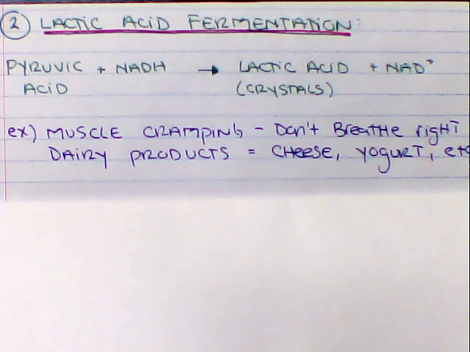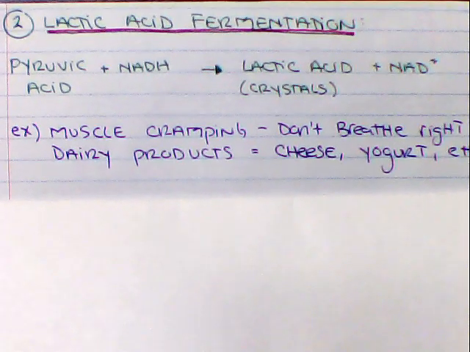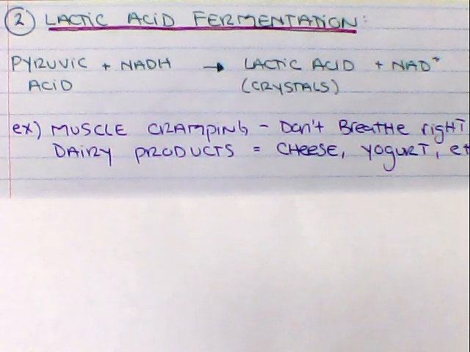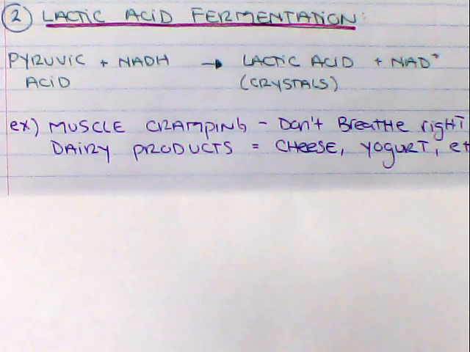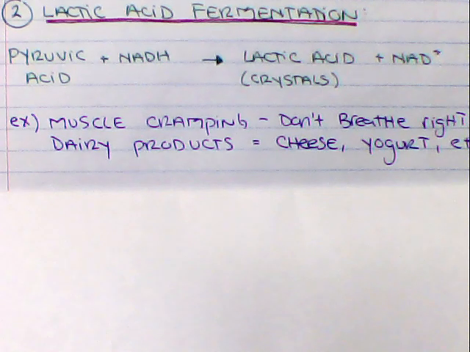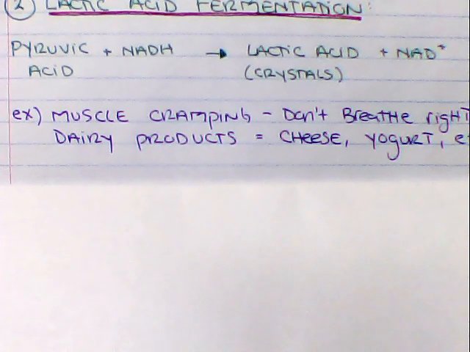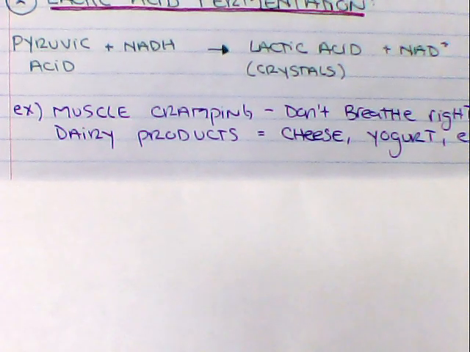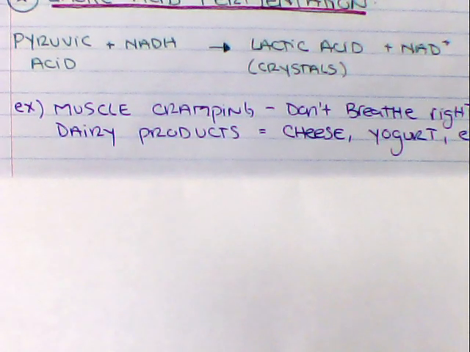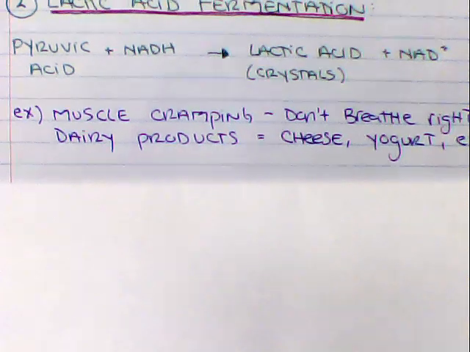The next type of fermentation is known as lactic acid fermentation. This is when our pyruvic acid will get ripped apart and form lactic acid. If this happens in your muscles, they literally turn into crystals. Lactic acid also produces a little bit of NAD.